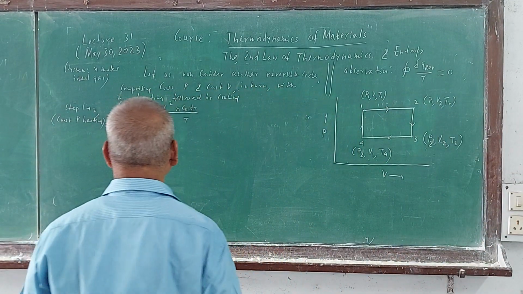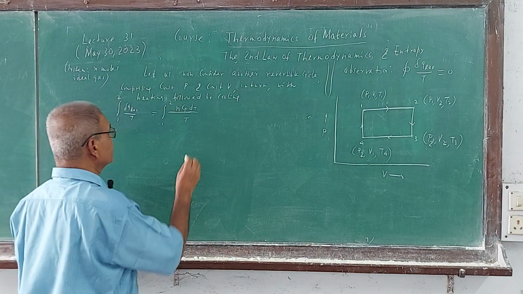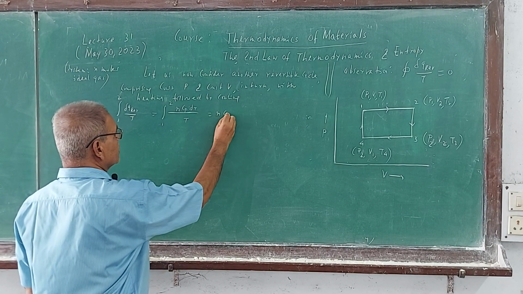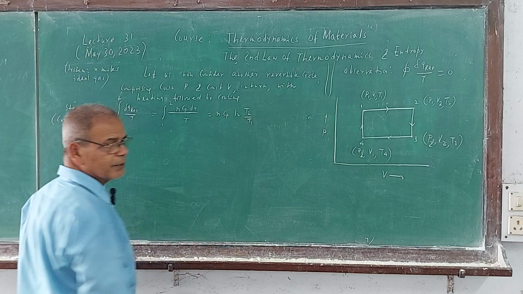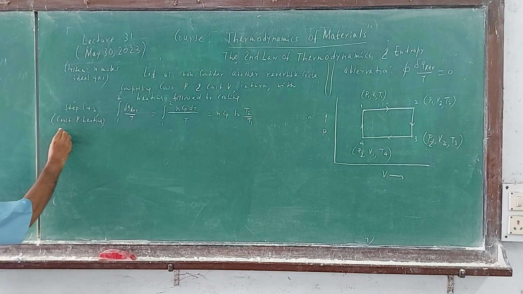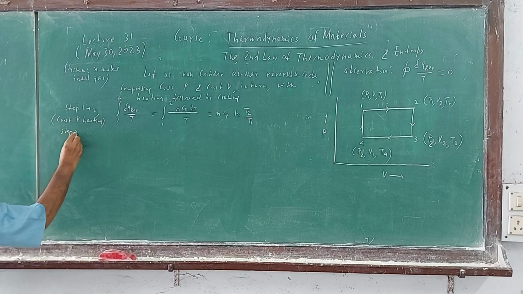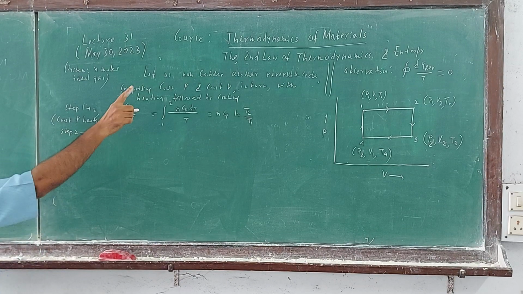So n Cp dT by T is what? n Cp ln T2 by T1. Happy? Okay, first step done. Step 2 to 3. What is this step? Constant volume.